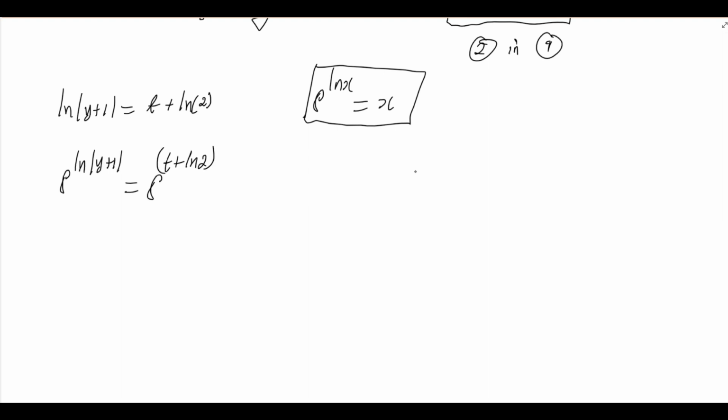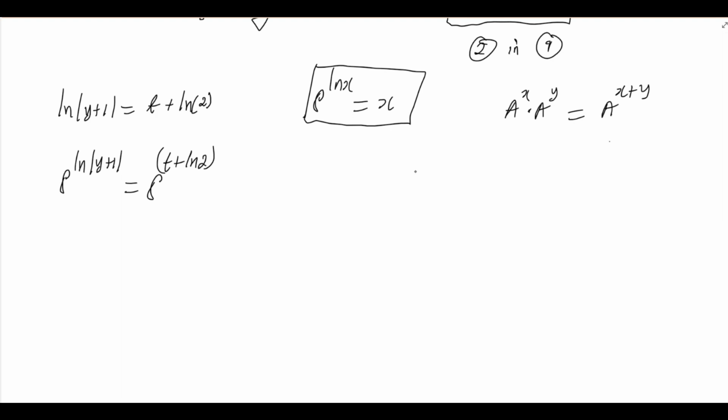Remember, from basic laws of indices, we have a raised to the power x multiplied by a raised to the power y, we can write this as a raised to the power x plus y. And this is also opposite, meaning that if we have a raised to the power x plus y, we can write this as a raised to the power x multiplied by a raised to the power y. Basic laws of indices, since they have the same base.